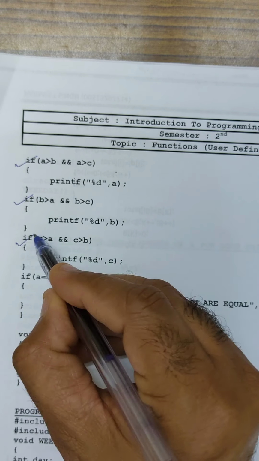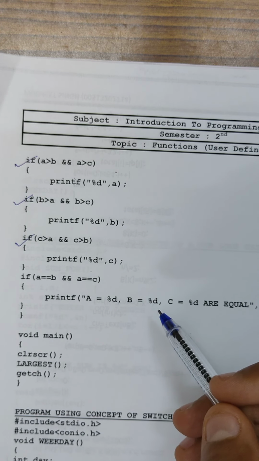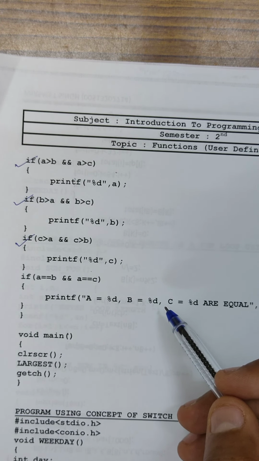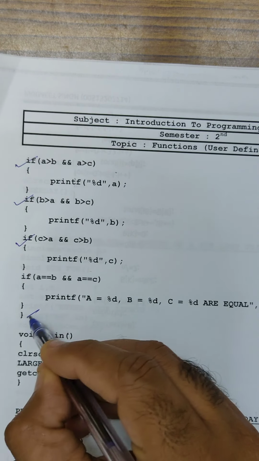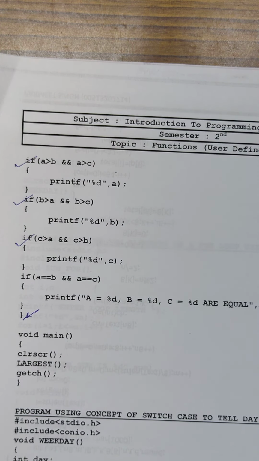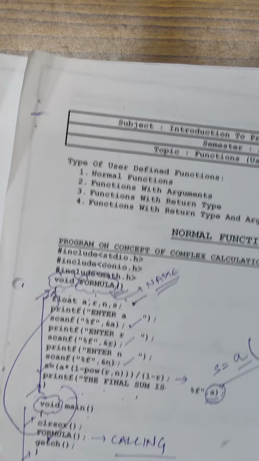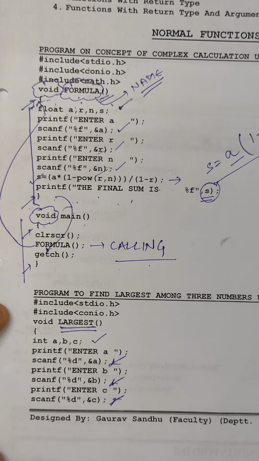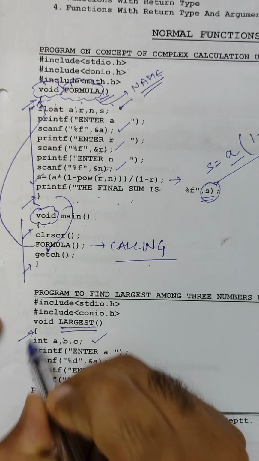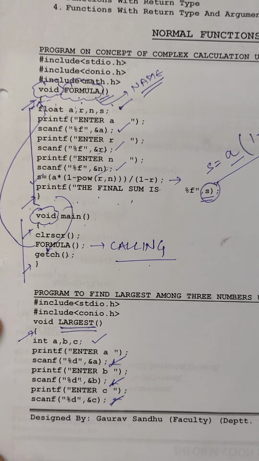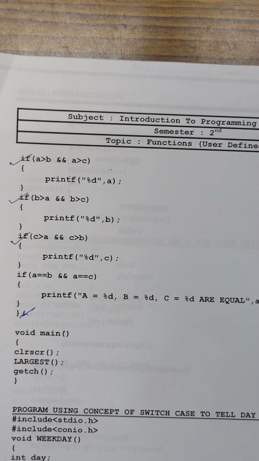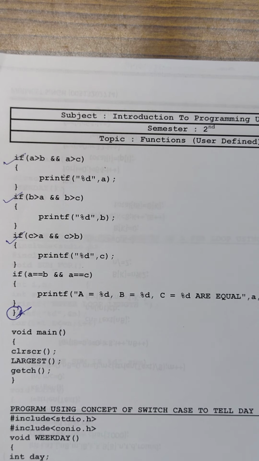It applied an if condition to check which of the three numbers is greater, and the function closes here. This bracket begins the body of the function, and this bracket ends the body of the function.